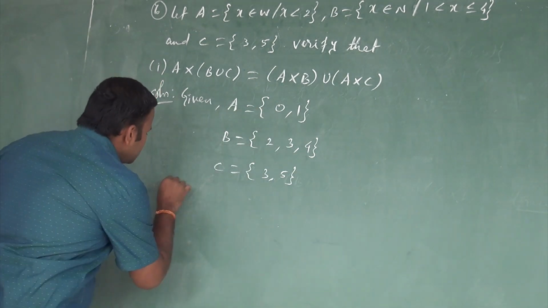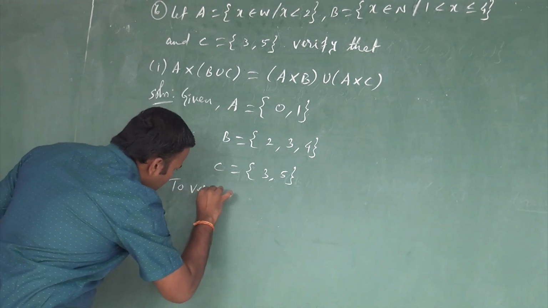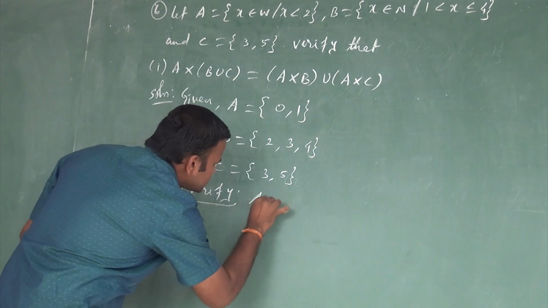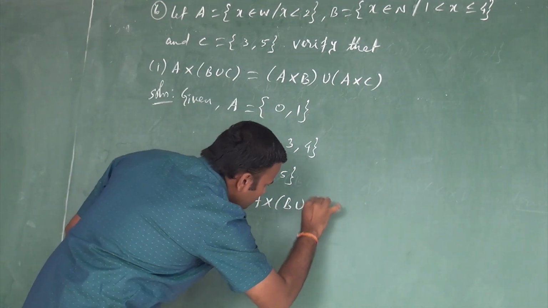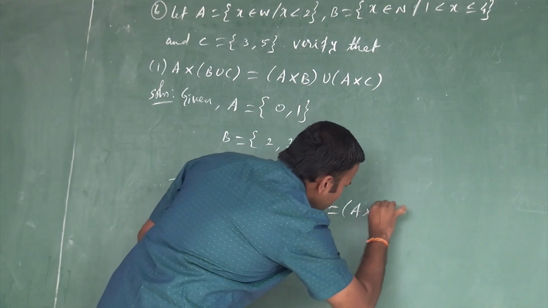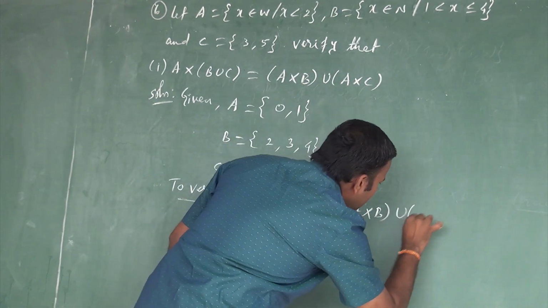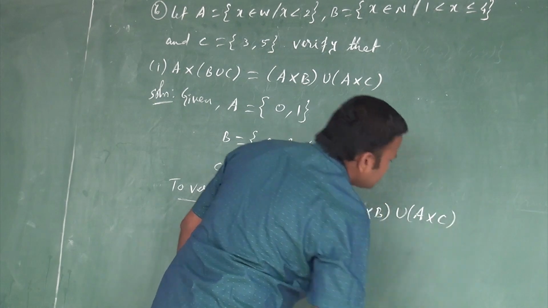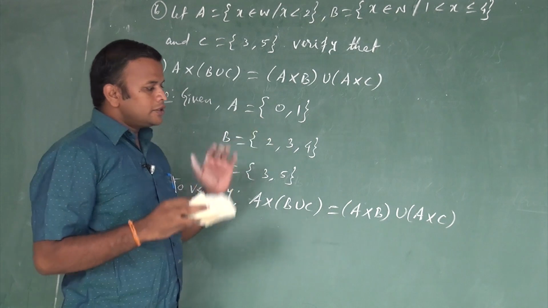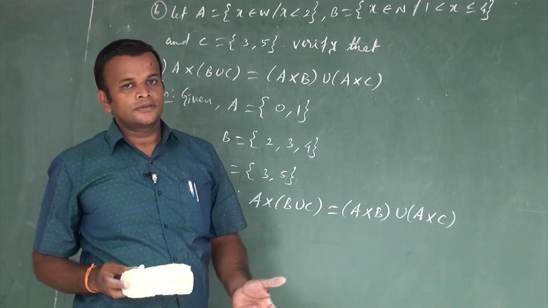Now to verify: A cross (B union C) is equal to (A cross B) union (A cross C). This is a verification sum. Now we check whether LHS and RHS are equal or not.